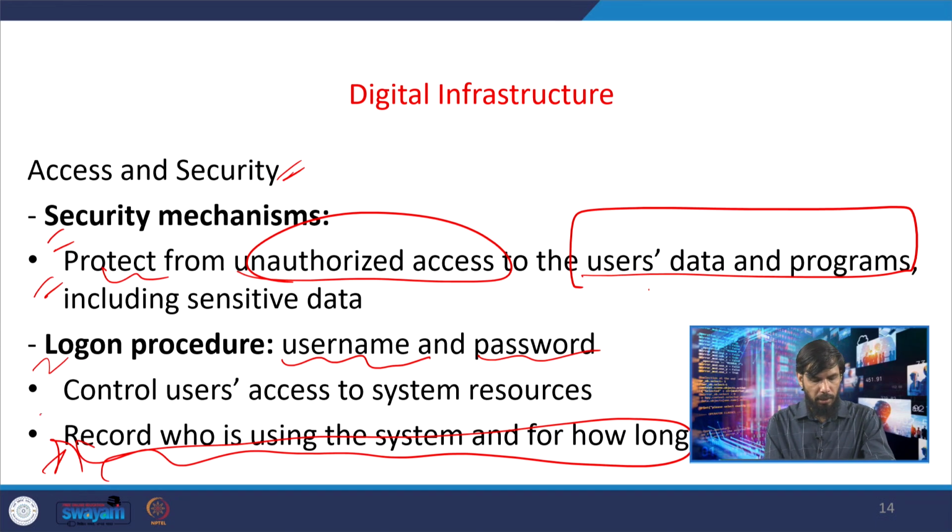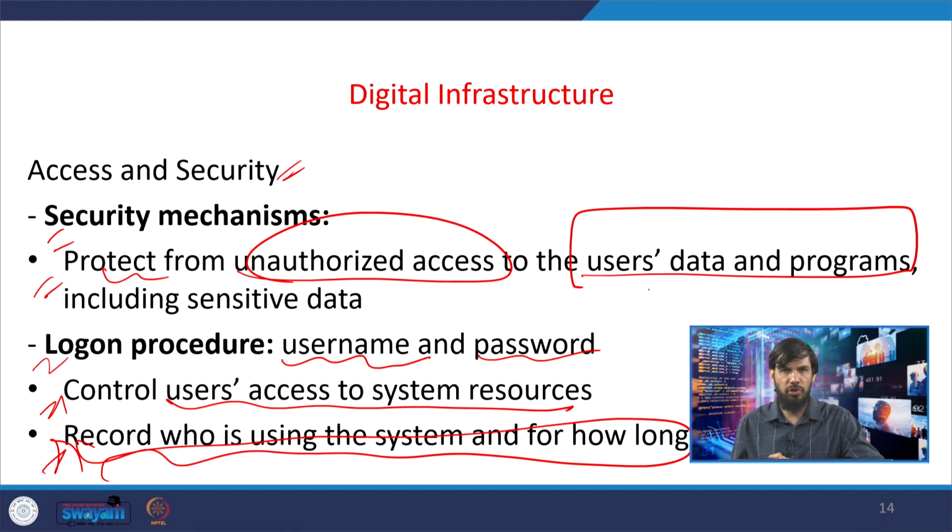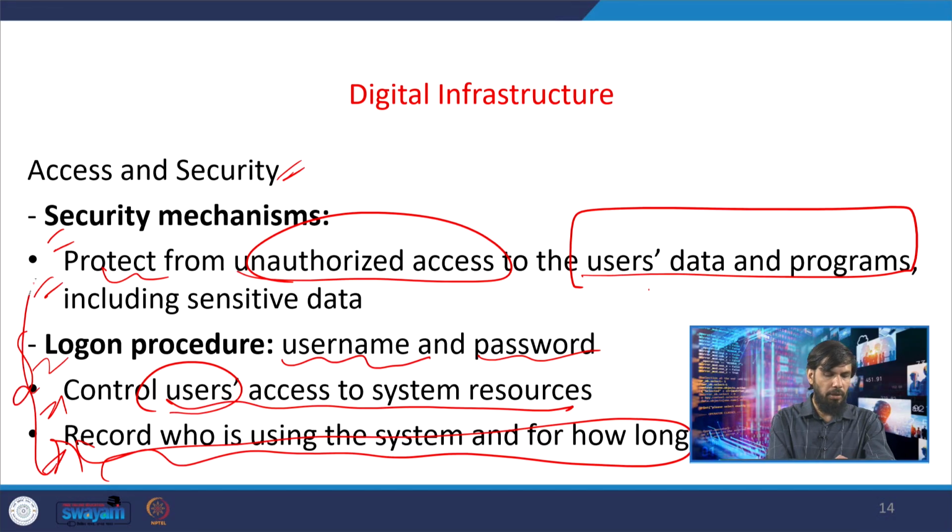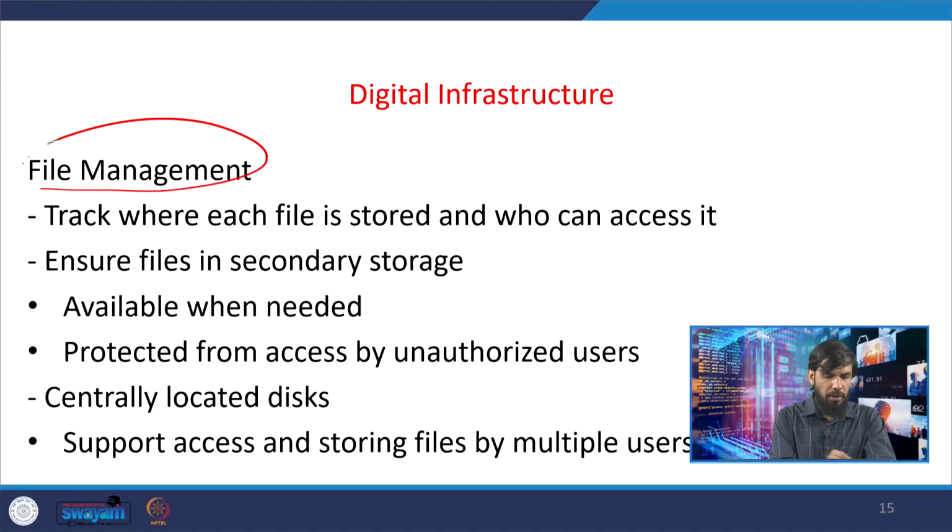Then controlling users' access to system resources: which user has higher access or which user has restricted access to files, data and programs. That can also be controlled when there is a username and password. So, the logon procedure is connected to the kind of access control that we want to give to different types of users. Then file management is there, the final one.